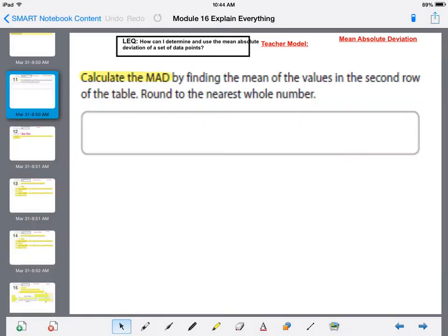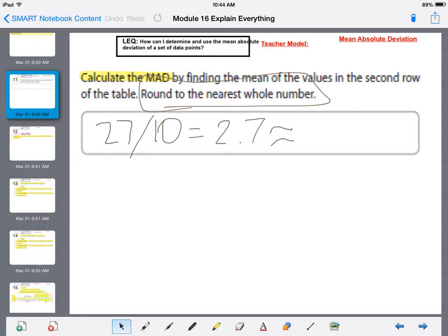Remember, the sum of the distances was 27, and we divided by 10, the number of values in the data set. So the mean absolute deviation was 2.7, which we rounded to the nearest whole number. And so the MAD was 3.